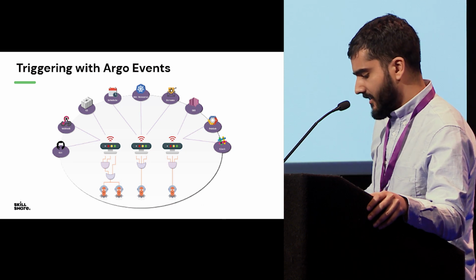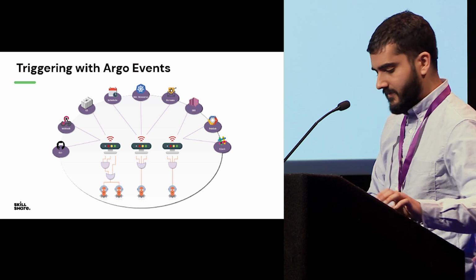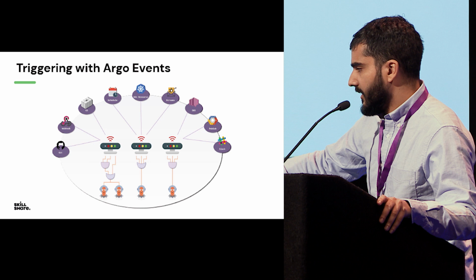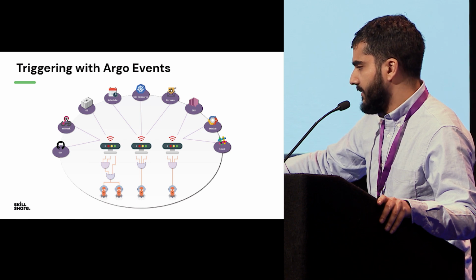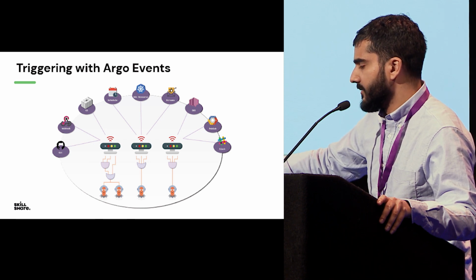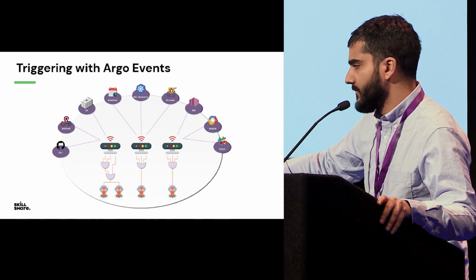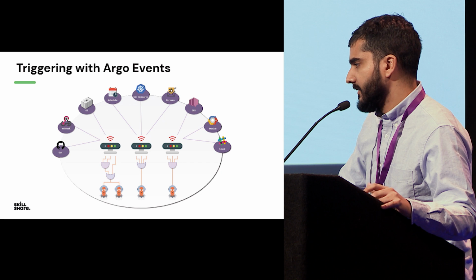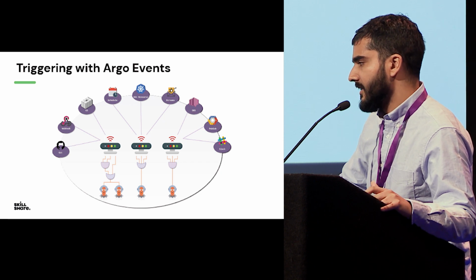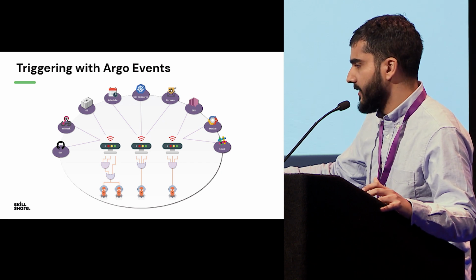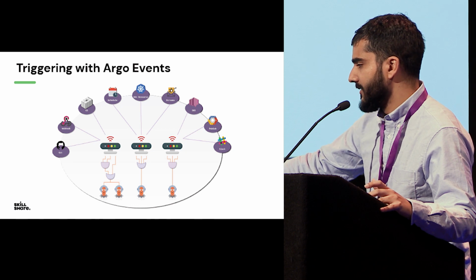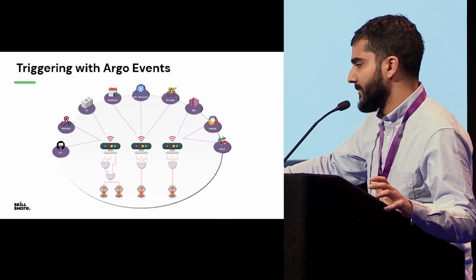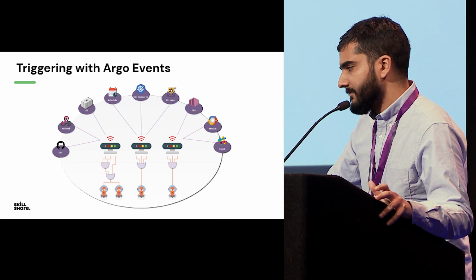So like this, let me see where the pointer is. These things are basically sensors that will listen to events, and you can define sensors to listen to multiple events at once. So you could have something that's checking on a schedule and triggered by some other thing, and you can combine the logic using just ands and ors to set up some pretty sophisticated triggering.